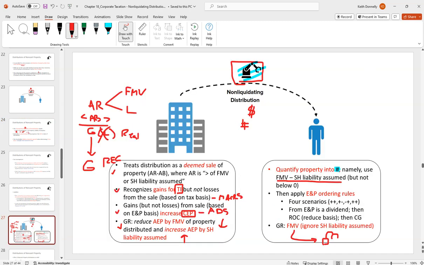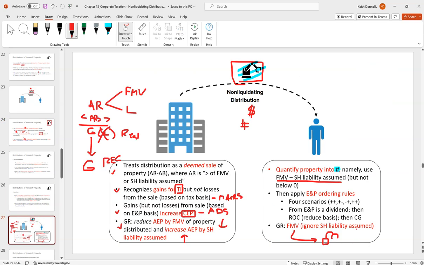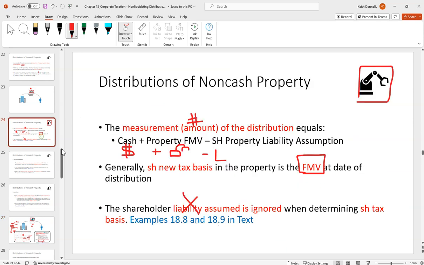So that's this guy right here. Their basis in the machine is going to be the fair market value. In other words, we ignore any liability that's assumed. So that's this guy down here.